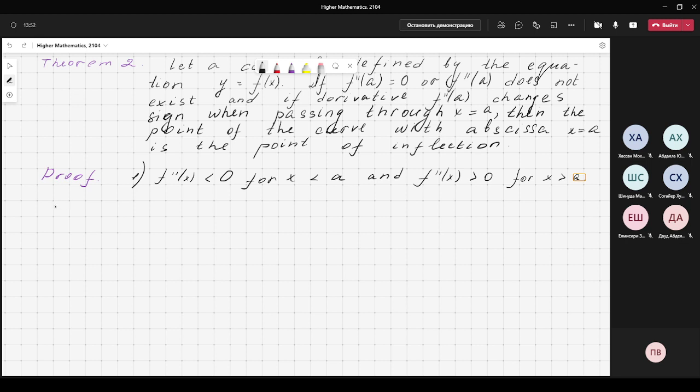Maybe write down this. For x less than a, the curve is convex up.